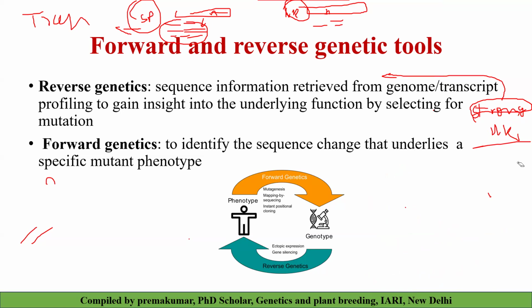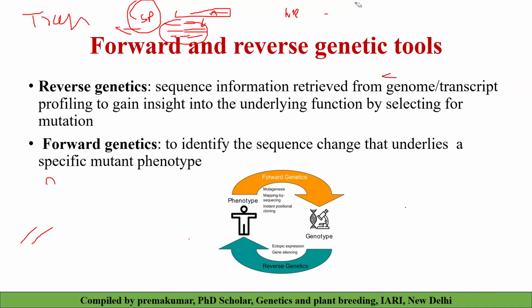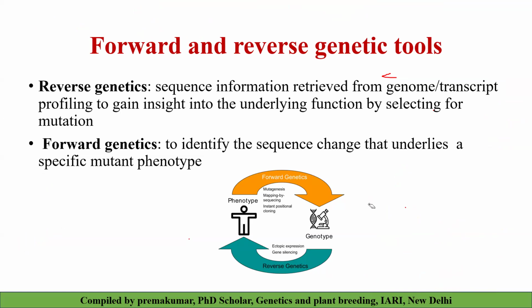Sir, for loss of function, that is RNA interference and CRISPR. And for gain of function, we can use genetic engineering and replace the weak promoter with a strong promoter. Yeah, that is called activation tagging.